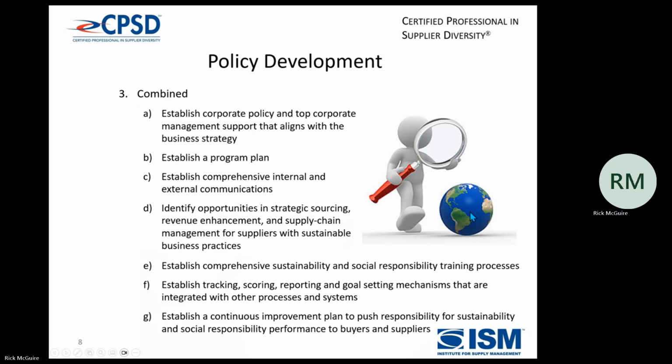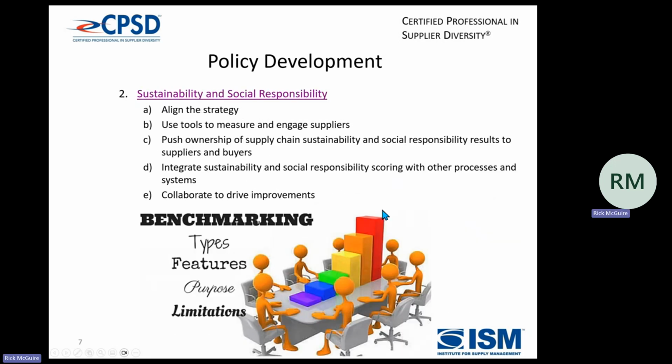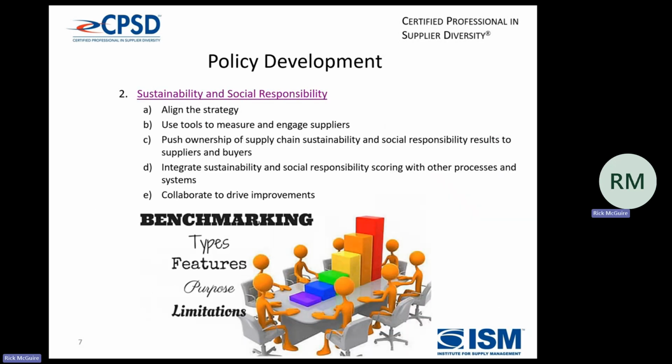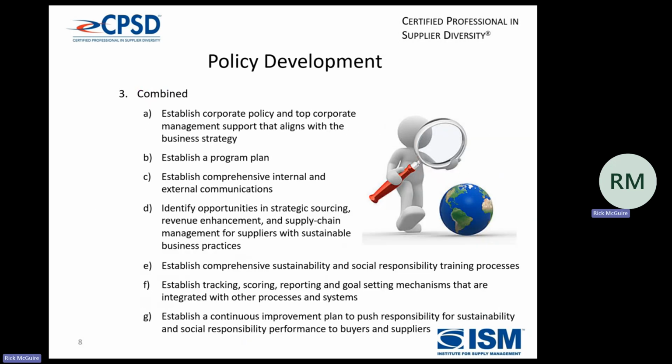All right. And now we're going to look at combined supplier diversity and social responsibility and sustainability. Establish a corporate policy and top corporate management support that aligns with the business strategy. Establish a program plan. Establish comprehensive internal and external communications. Identify opportunities in strategic sourcing, revenue enhancement, and supply chain management for suppliers with sustainable business practices.